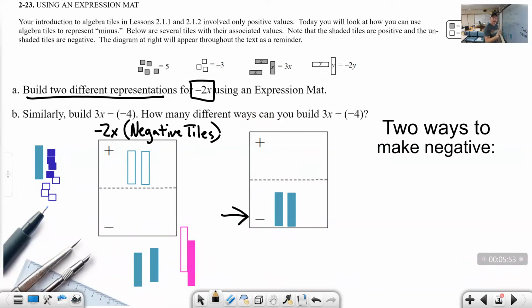So here's what that looks like on our mat. We're going to write negative parentheses 2x. Notice that the 2x inside parentheses is positive because the tiles are positive. They are positive tiles hanging out in the negative region. And I'm going to write negative region.